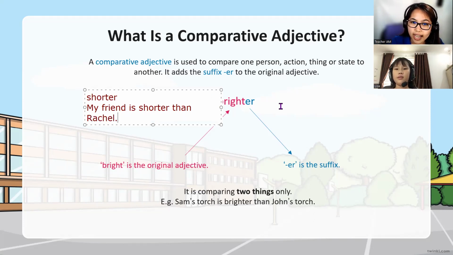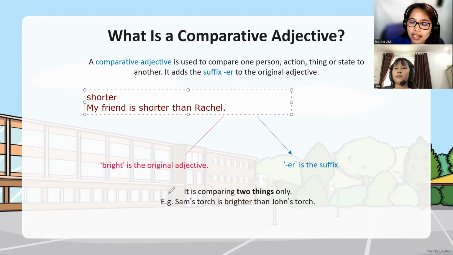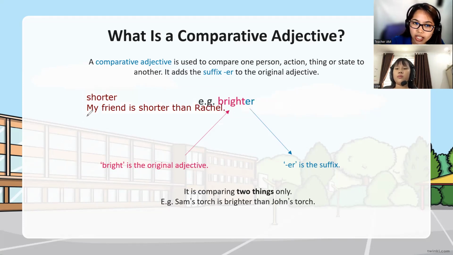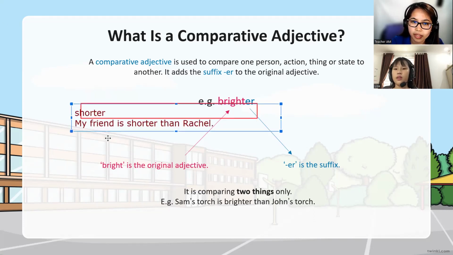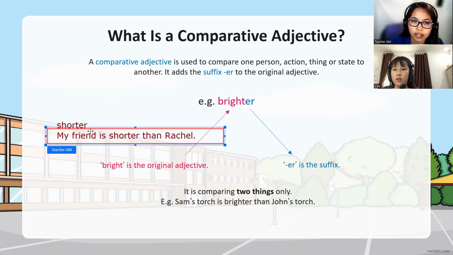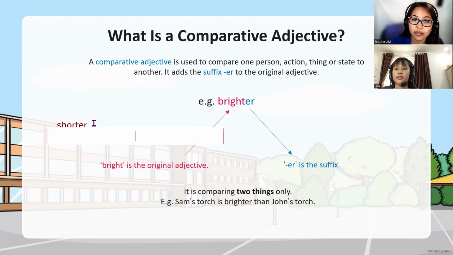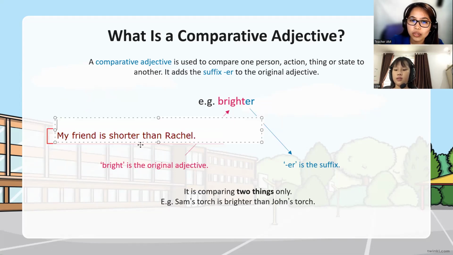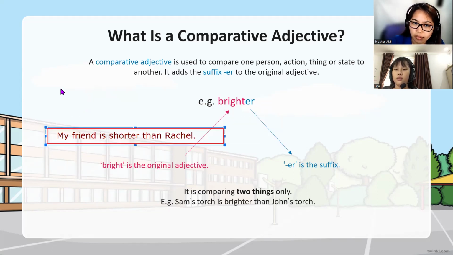Now, Dolin, I have a question. What is the comparative adjective in your sentence? Shorter. Very good. Now, why do we use a comparative adjective?